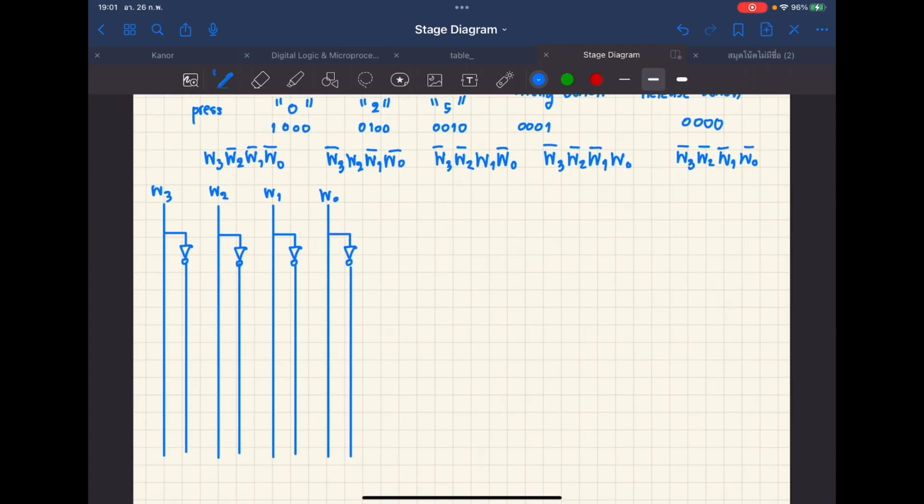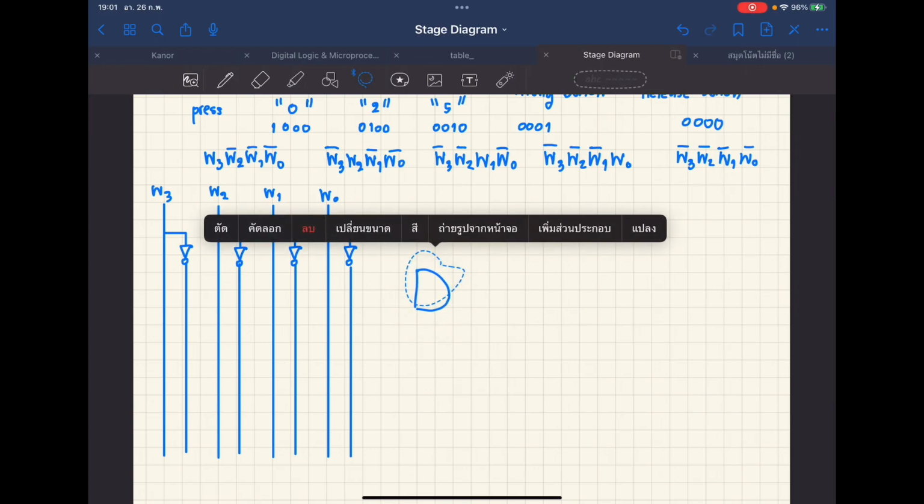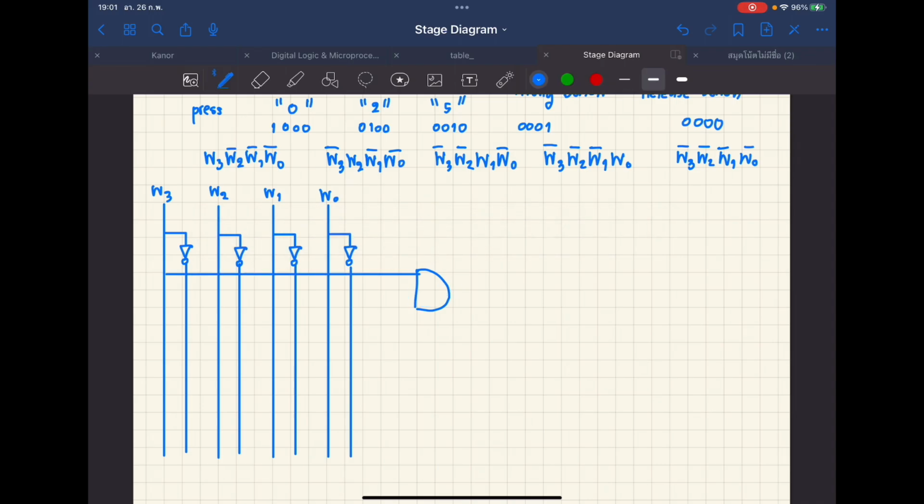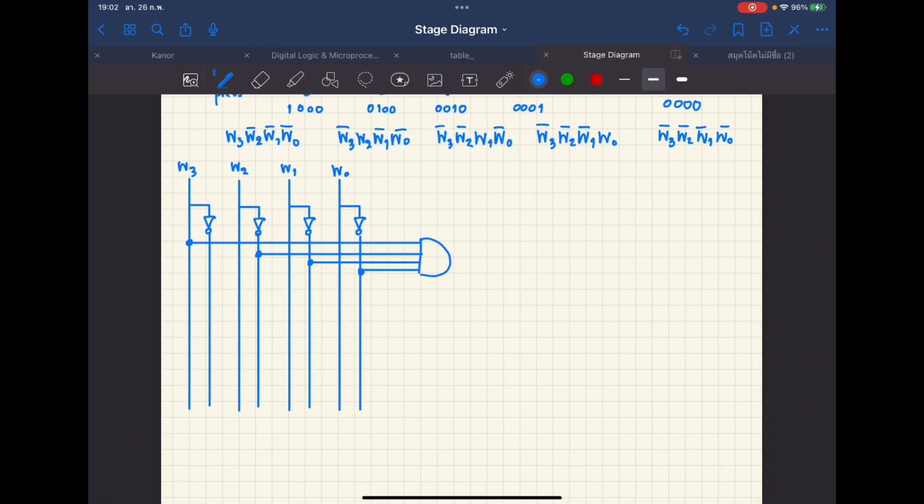So our equation, the first one, is W3, not W2, not W1, and not W0. Yeah, and then we got the first one.